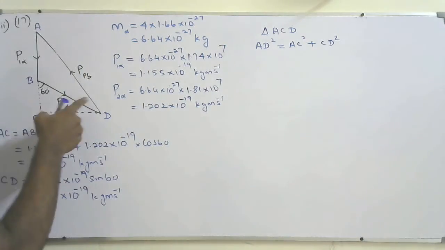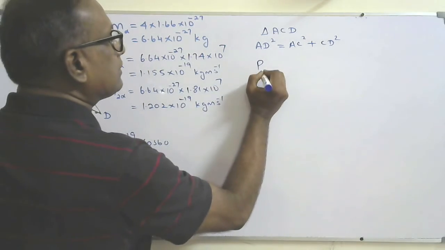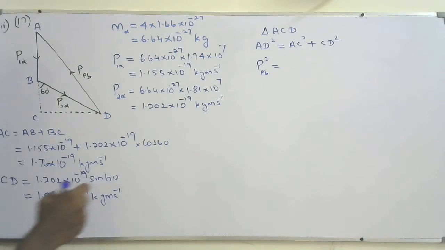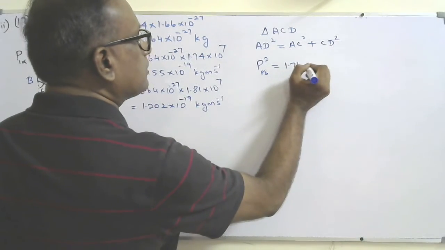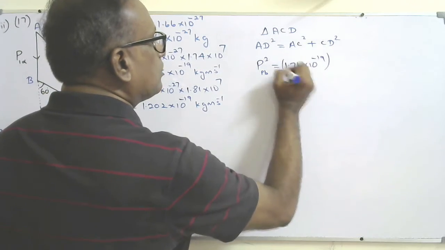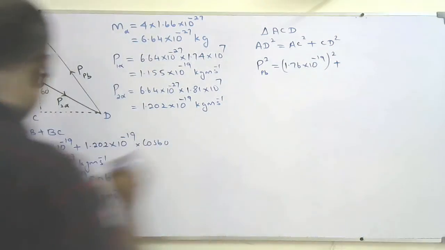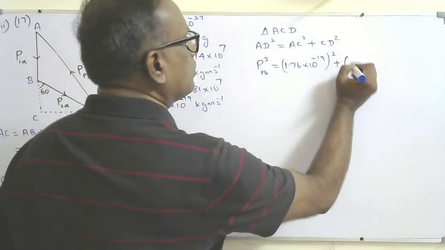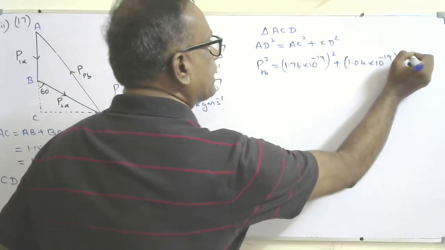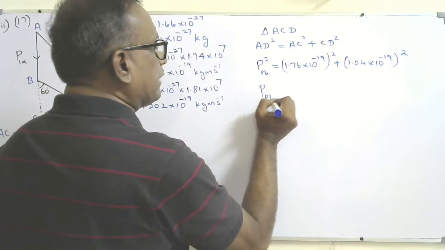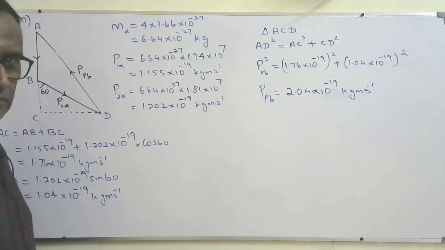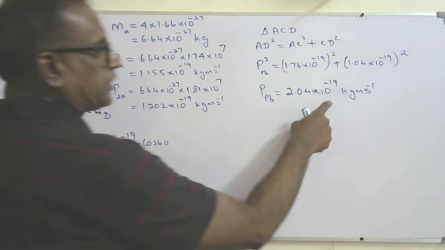AD squared represents the momentum of Pb squared, which is equal to (1.76 × 10^-19) squared plus (1.04 × 10^-19) squared. So find the momentum of Pb. That will be 2.04 × 10^-19.